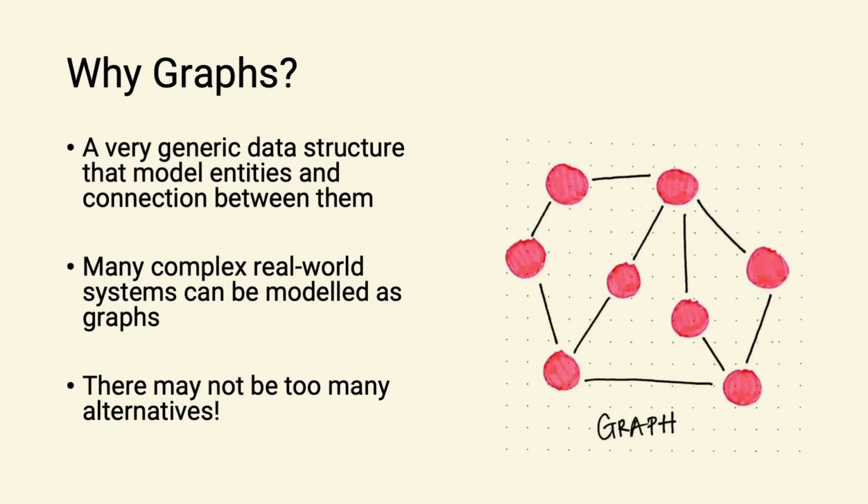So we did briefly discuss what graphs are, right? They are a very generic data structure, and they basically model connections between entities. The truth is, there are several complex real-world systems that can be modeled as graphs, but they cannot necessarily be modeled as other things.